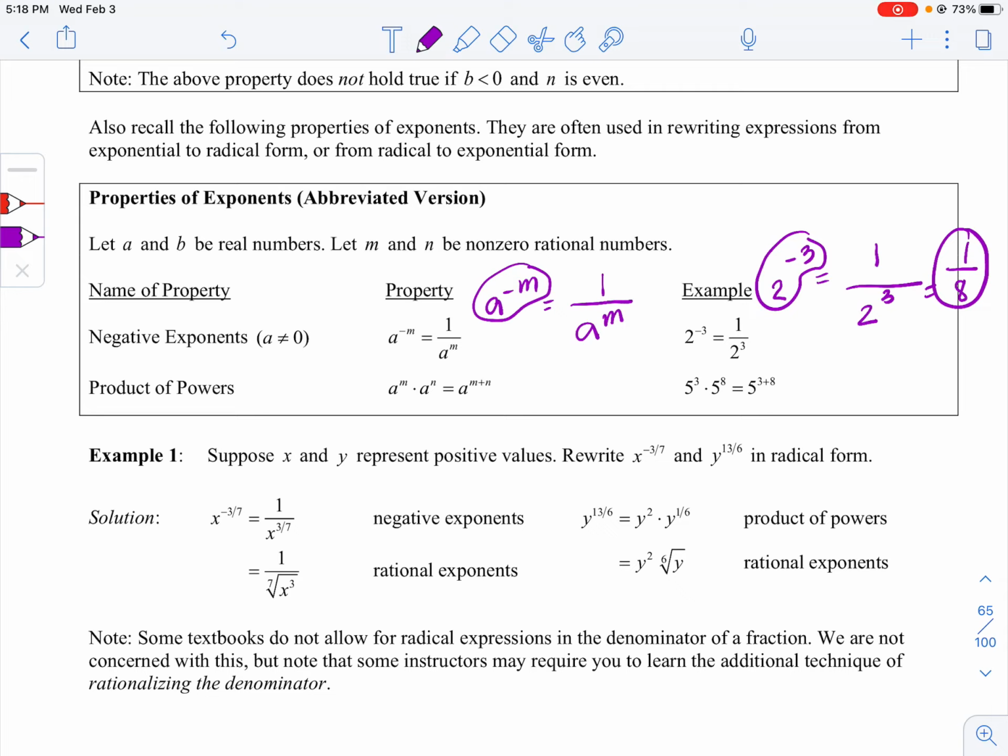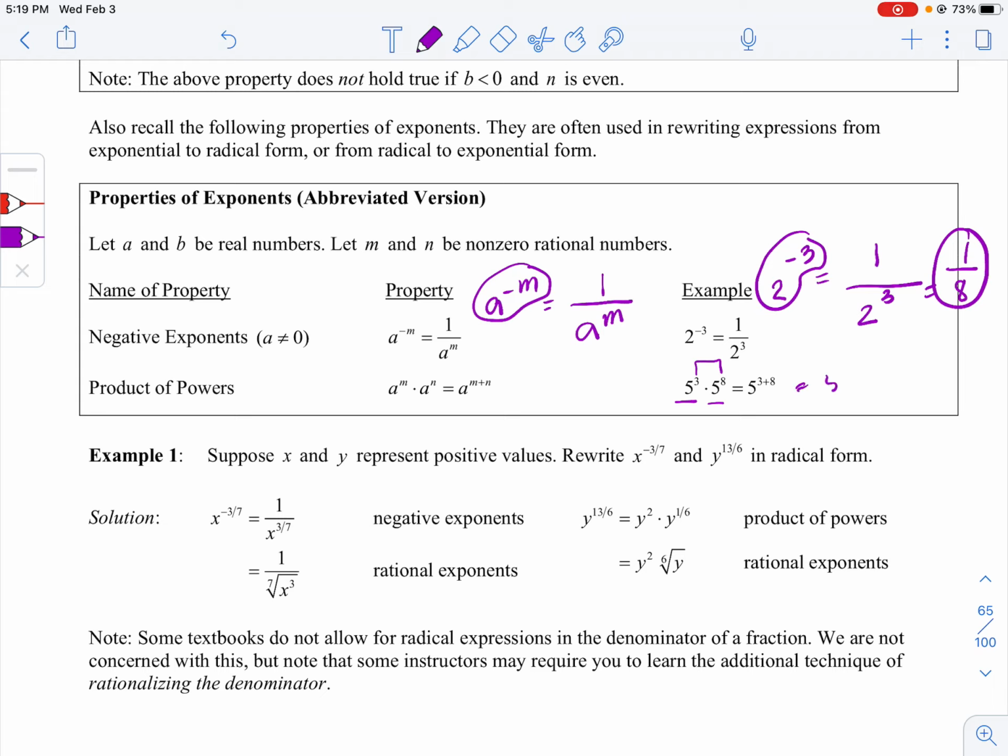Now, product of powers. We're very familiar with that. It just says that when you're multiplying variables that have the same base, you're just going to add their exponents. So, for example, you have 5 to the power of 3 times 5 to the power of 8. All you have to do is add the two exponents, and you're going to have 5 to the power of 3 plus 8.